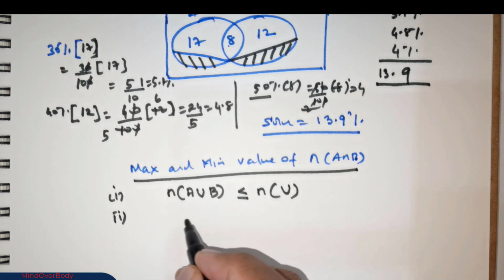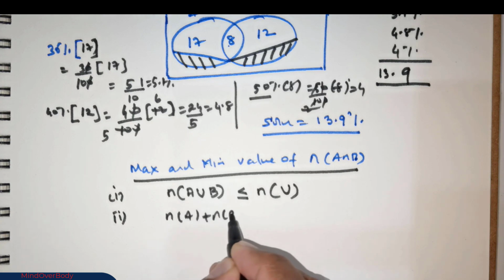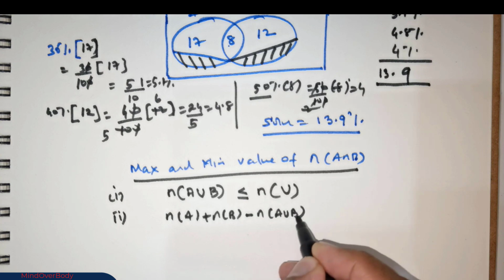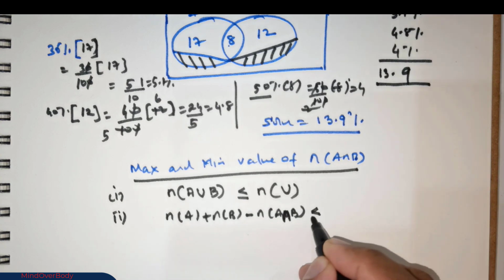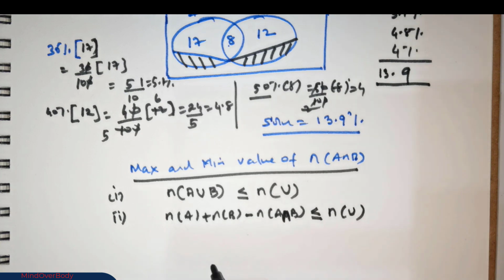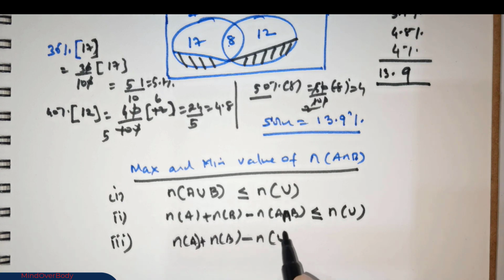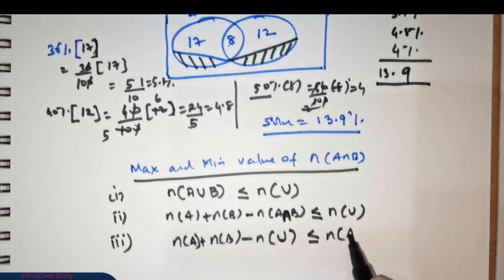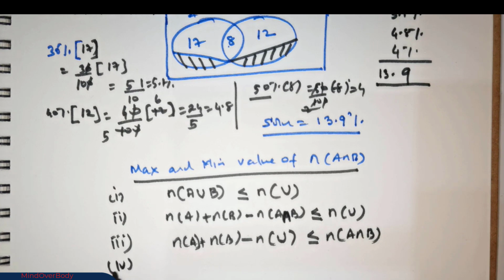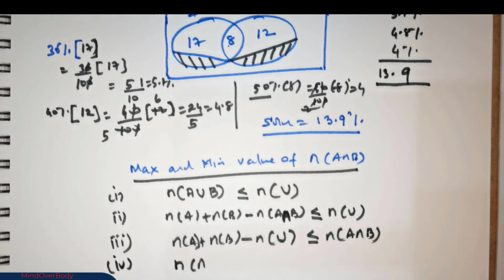Property number 2 is n of A plus n of B minus n of A union B, or I should say A intersecting B, is always less than n of universal set. And number 3 is that n of A plus n of B minus n of U is less than or equal to n of A intersecting B. So this is also an important property. Now the next one is an interesting property. The total number of elements n of A intersecting B will always be less than or equal to the minimum of n of A and n of B.